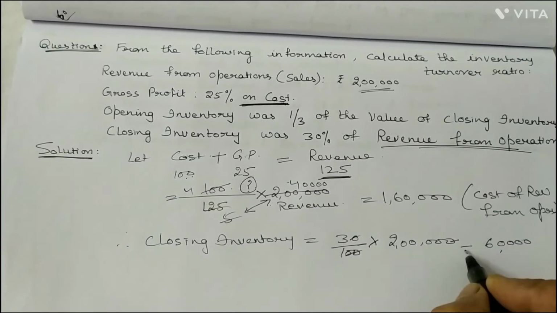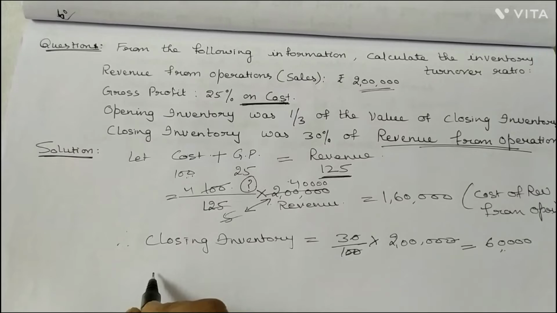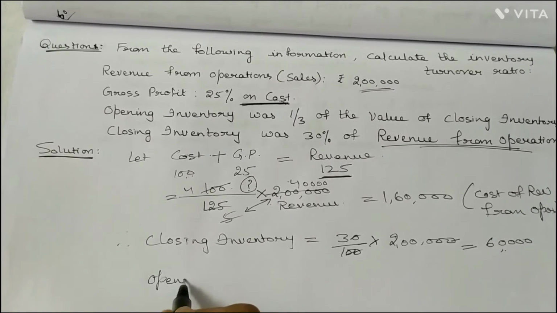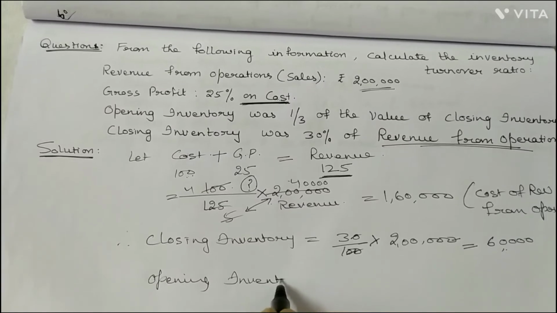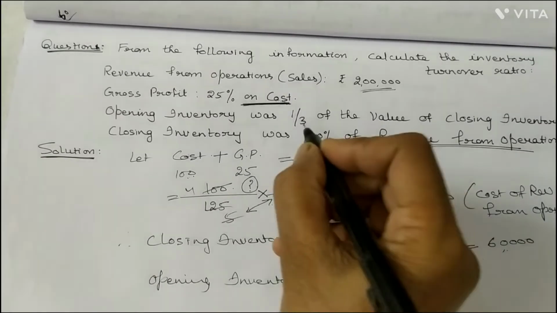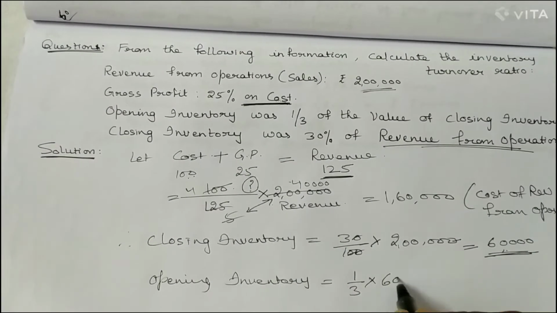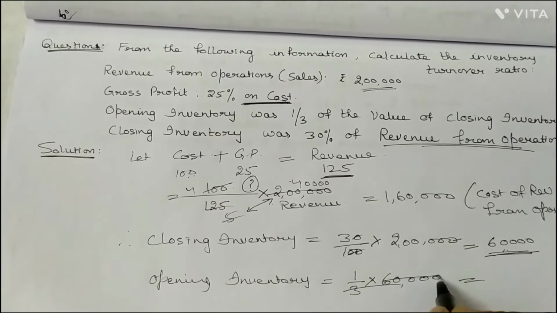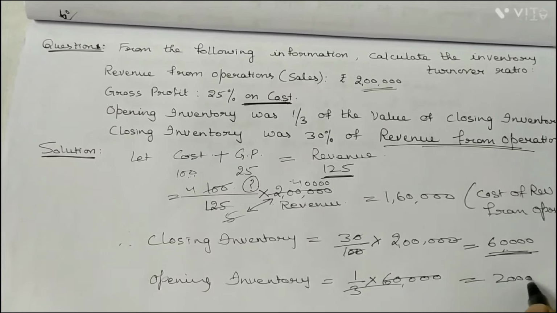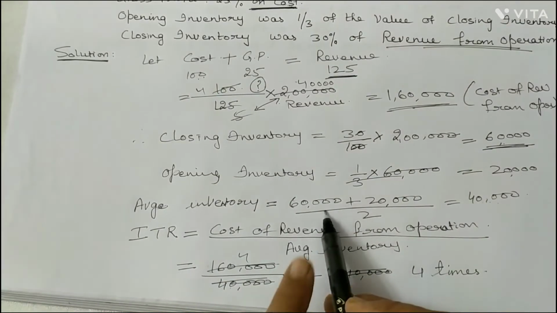That is 60,000. This is closing inventory. Now you have to find out opening inventory. Opening inventory is equal to 1/3 of closing inventory. Just now you found out 60,000, so opening inventory is 20,000.